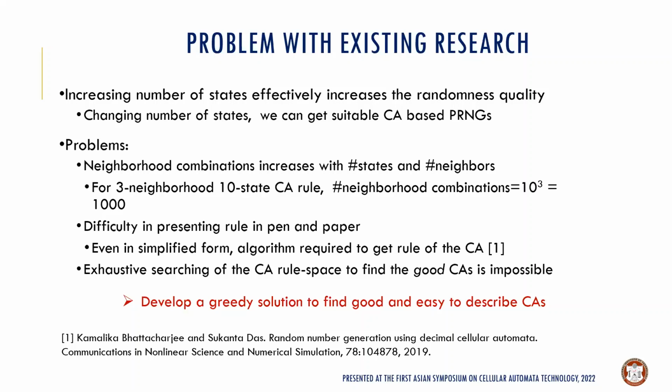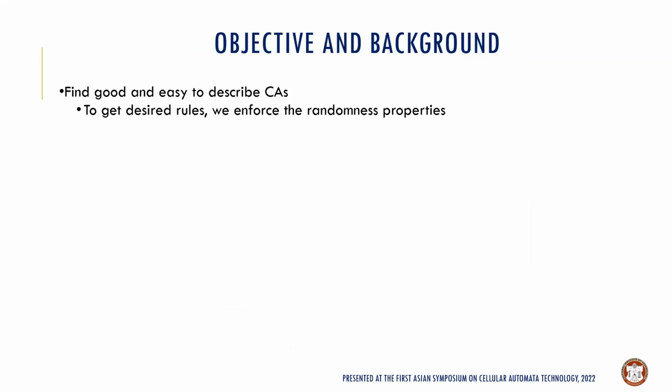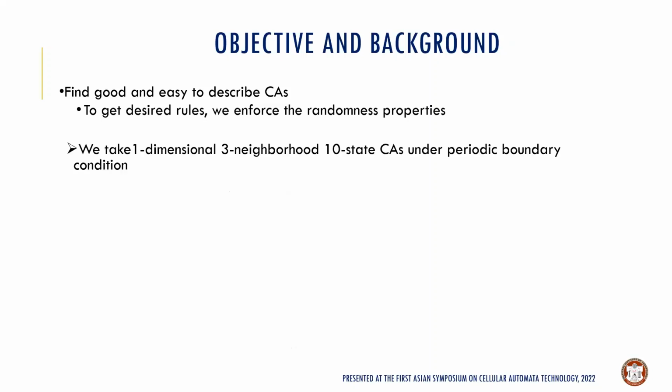Therefore, in this work, our target is to develop a greedy solution to find some good as well as easy to describe CAs. To make it good, we have to ensure that some randomness properties are satisfied by those CAs.